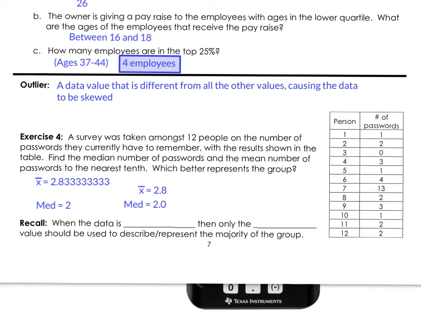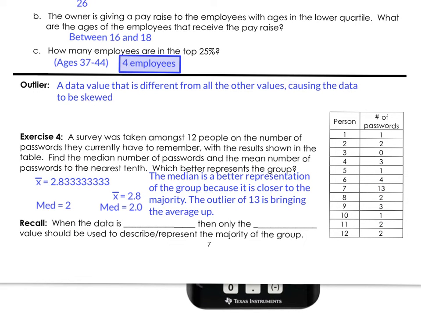That 0 is going to make it look like the average is brought down. But really, if we look at the median, most people got 100, but when I find the mean, it's dragged down by that 0. So in this case, this 13 is bringing up our average. It's making our average higher than what the majority of the data actually shows. So the median is the better representation of the data.